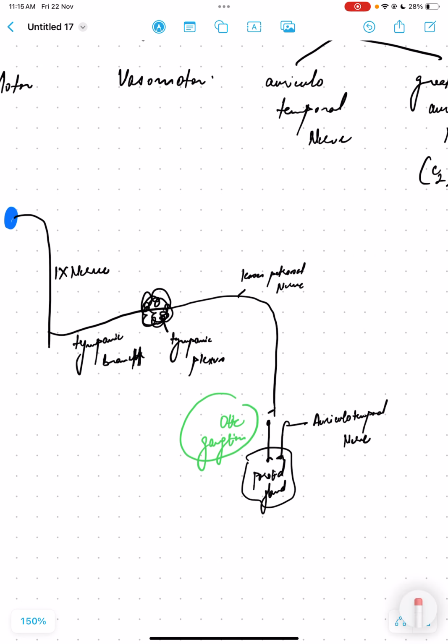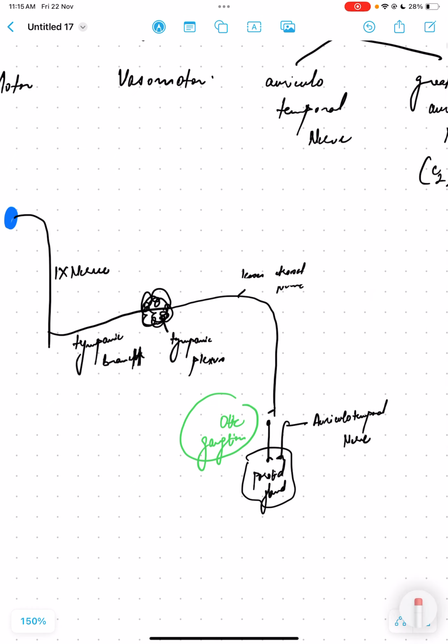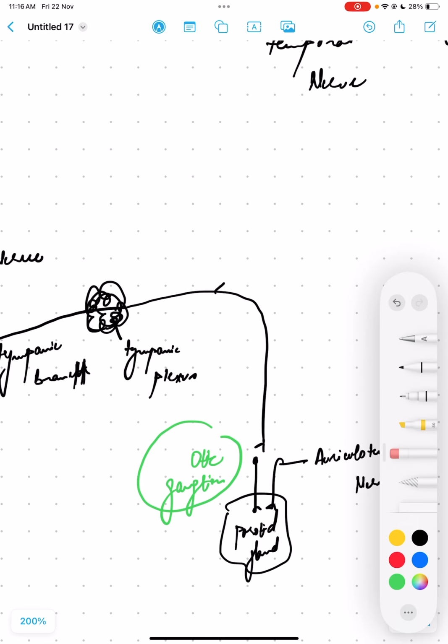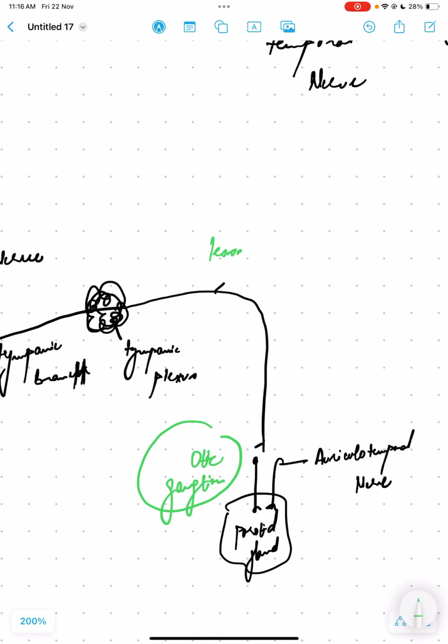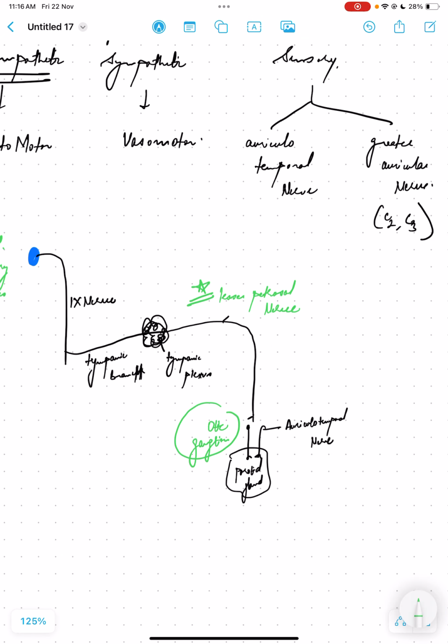The lesser petrosal nerve, I will write down here once more for all of you. The lesser petrosal nerve involves the parotid gland through the glossopharyngeal nerve, and the greater petrosal nerve is seen in the case of the seventh nerve, the facial nerve.